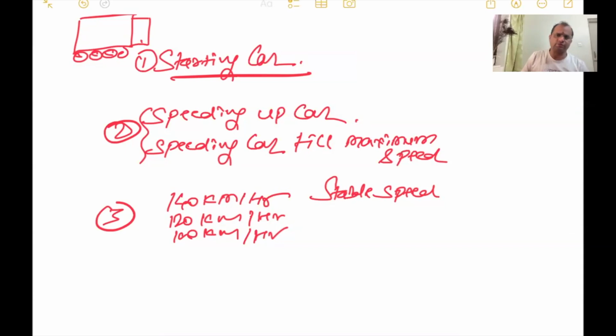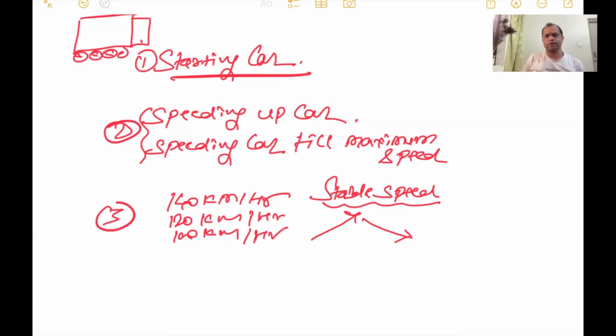So this is stage number 3, when you are neither speeding up the car nor reducing the speed. Neither are you going up nor going down. You have taken a stable speed.